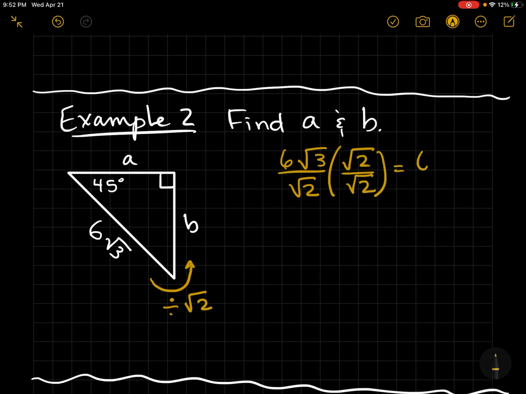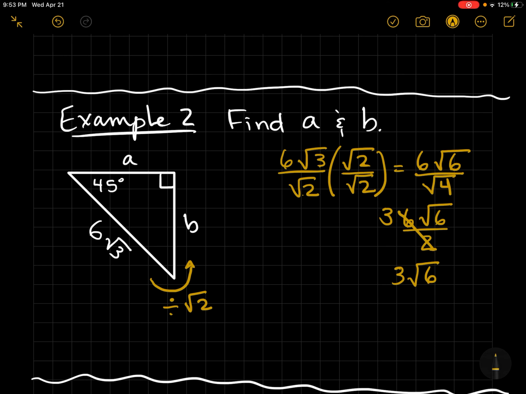So on top, we have 6, and then 3 times 2 under the radical is 6. And here, 2 times 2 is 4. Square root of 4 is just 2. So we have 6 radical 6 over 2. Simplify that, and we get 3 radical 6.